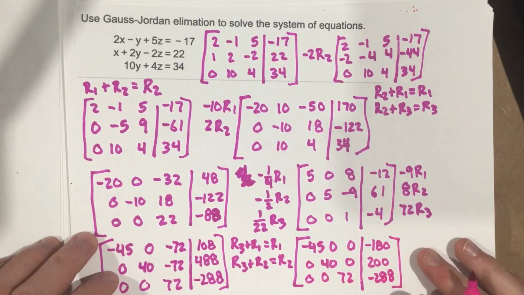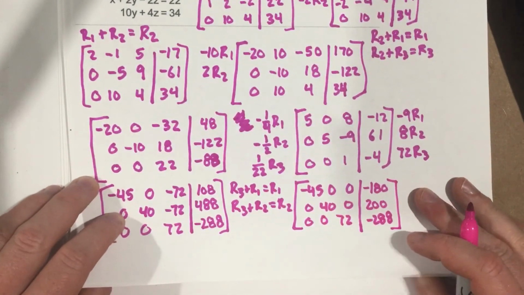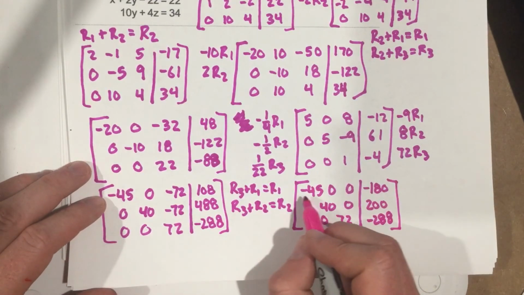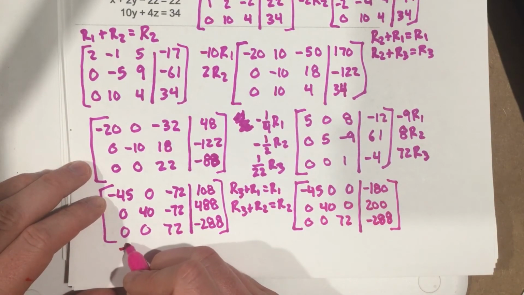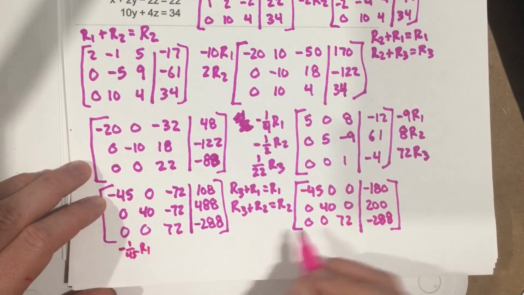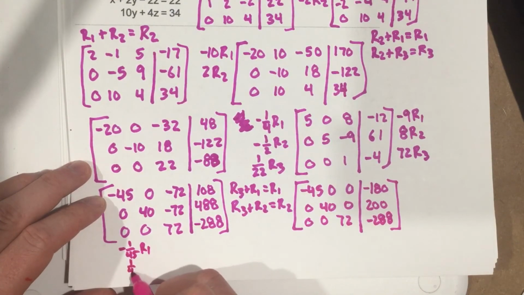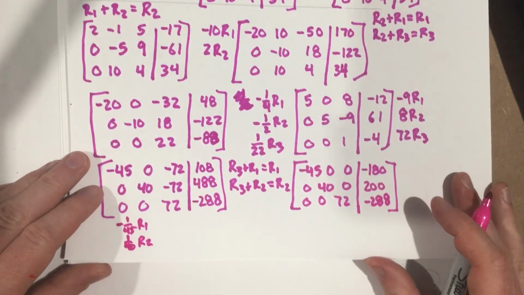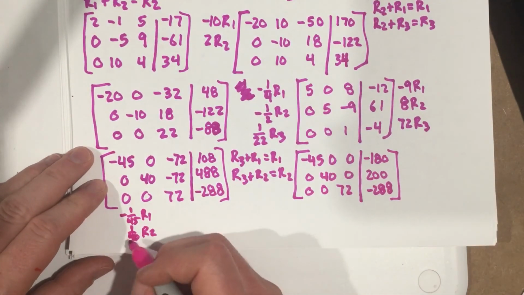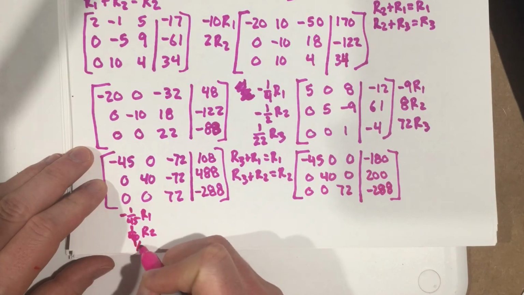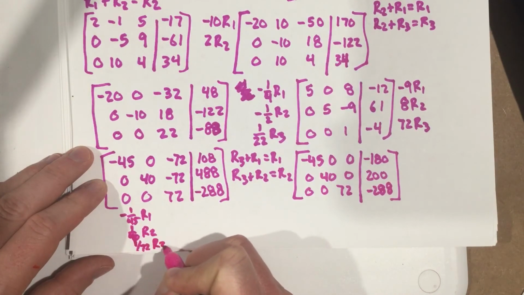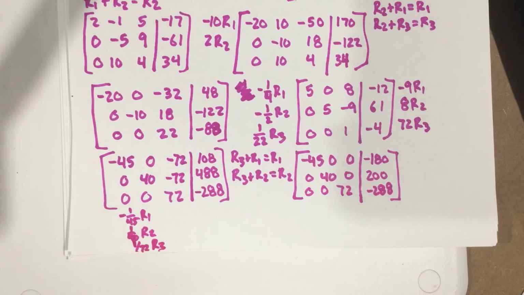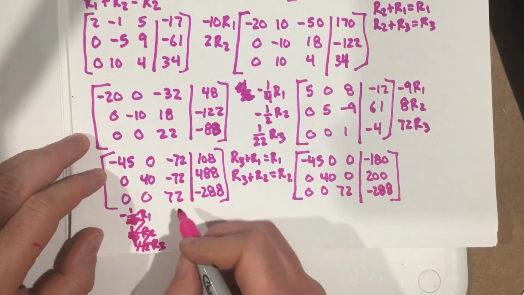Last step. We're going to take the top row and we're going to do negative 1 over 45, row 1. We're going to do 1 over 40, row 2. And we're going to do 1 over 72, row 3. Actually, I'm going to just write these out on top.